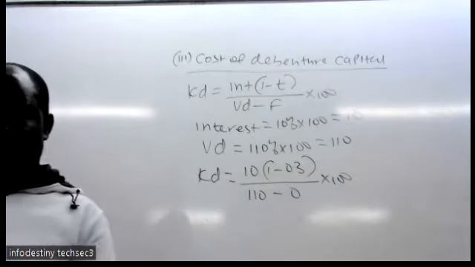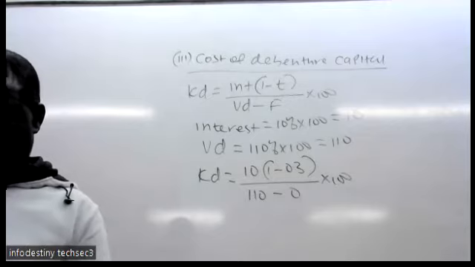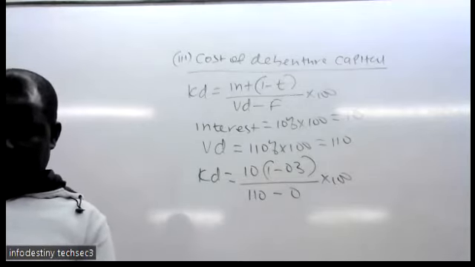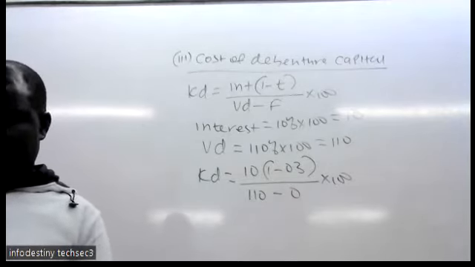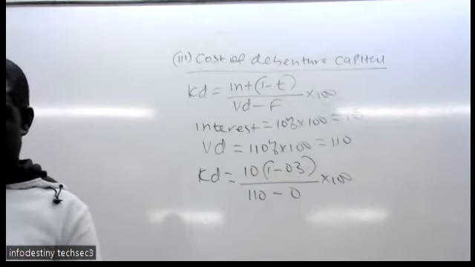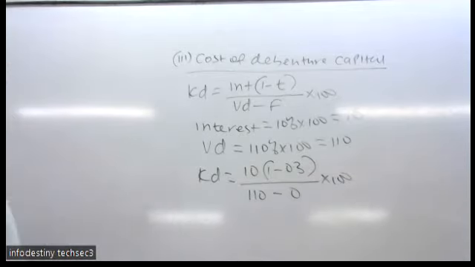So it should give us around which percent? 6.36. So that is how to compute the cost of the debenture.